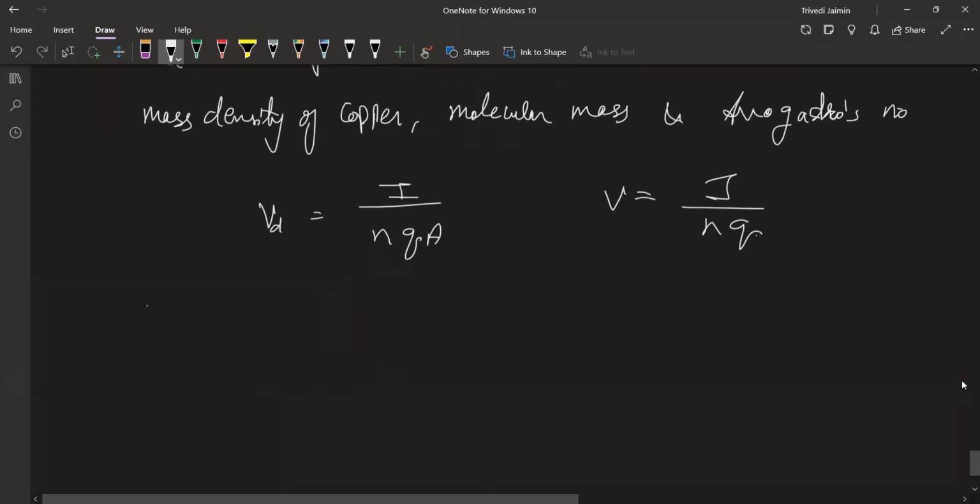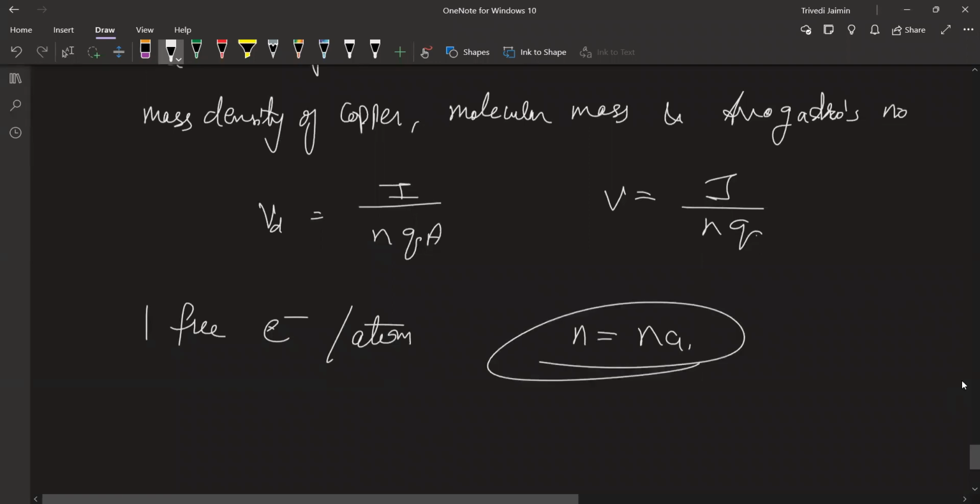Now they are saying 1 free electron per atom. So N equals Na number. What is N now? Number density of free electrons is equal to number density of copper.